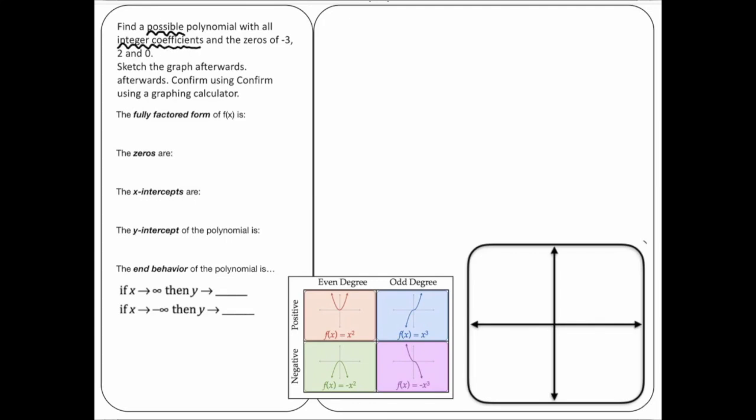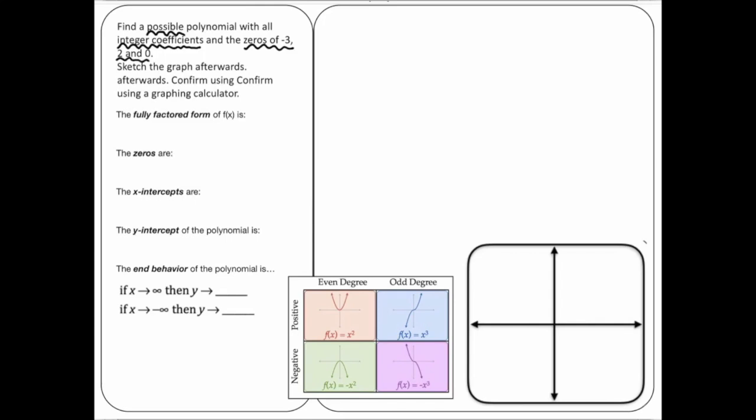And remember, integers are all the numbers on a number line, 0 through 1, 2, 3, 4, 5, all the way to infinity, and the opposite, so all the negative numbers of those.